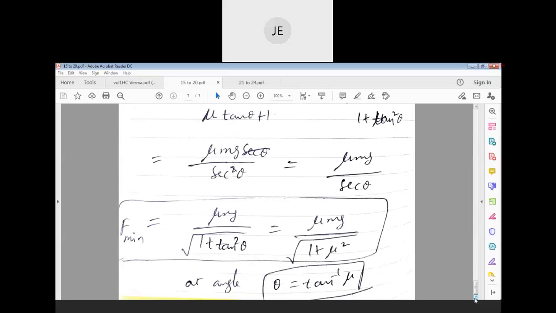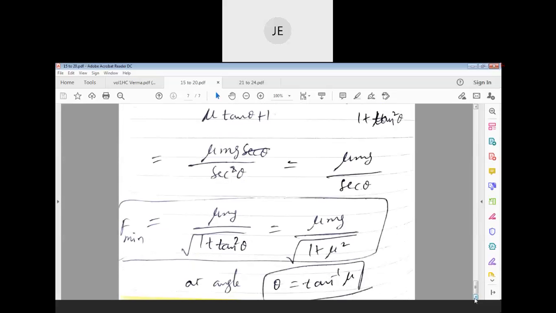So the F minimum to be applied is mu mg by square root of 1 plus tan square theta. Sec theta is nothing but square root of 1 plus tan square theta, so it is mu mg by square root of 1 plus mu square.